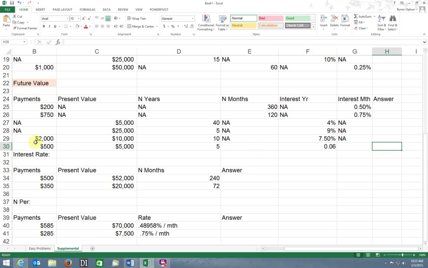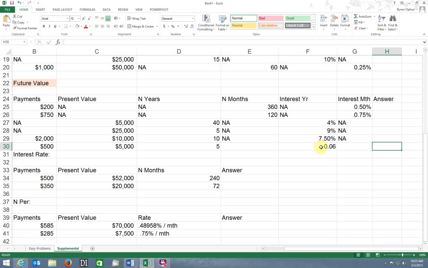Okay, well, what do I think it's going to be for 5 years? So $500 a month is going to be, I'll be putting in, let's see, $30,000, right? Because 500 per month would be 6,000 per year. Okay, so I'll be putting in 30, and I've got 5,000 that's in there now. Now this is the opposite of the present value. This is going to keep accumulating.